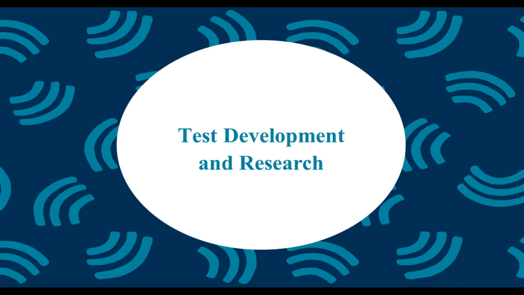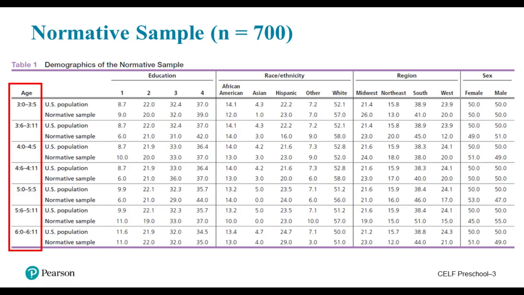Okay, we're going to discuss the development and research. The CELF Preschool-3 standardization research involved a normative sample of 700 children, and additional samples were collected for reliability and validity studies. The normative sample for each age band included 100 children.